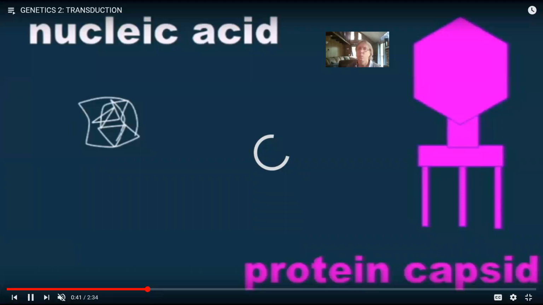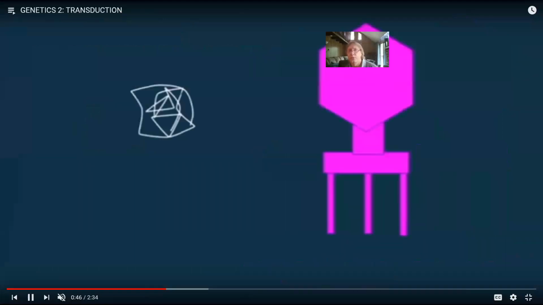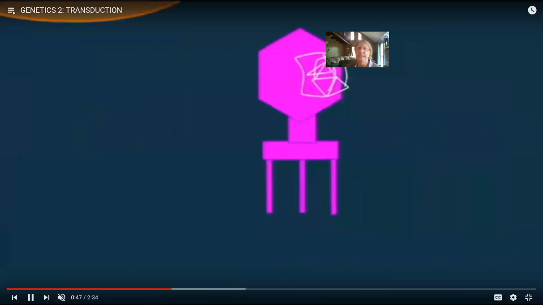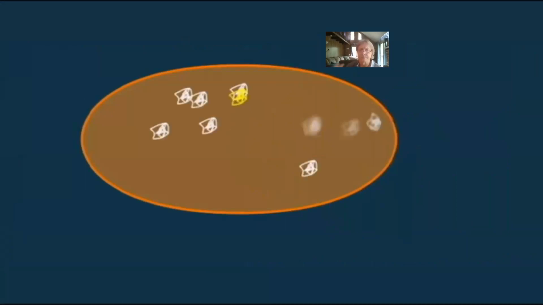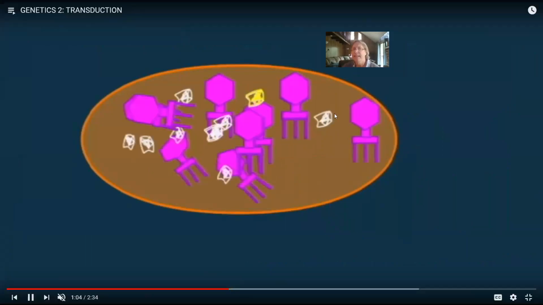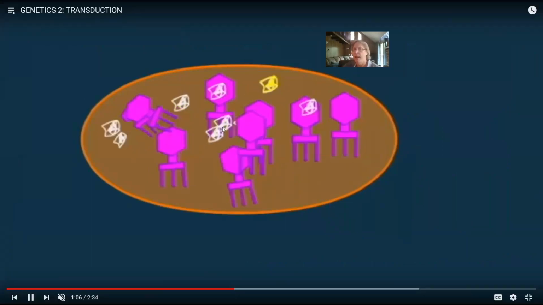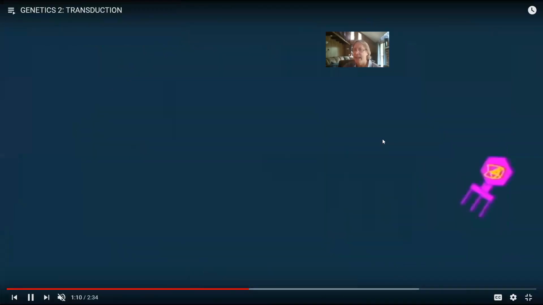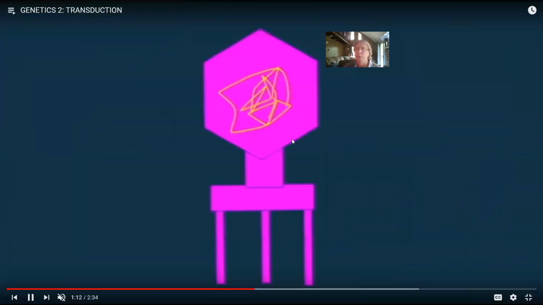A second way that bacteria can get new genes is through what's called transduction, where a virus, which normally infects a bacterial cell and causes it to burst, which will kill the cell, sometimes a virus mistakenly incorporates yellow bacterial genes into its capsid rather than the white viral genes.